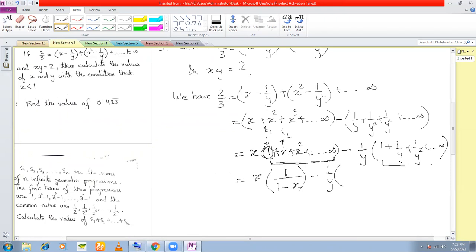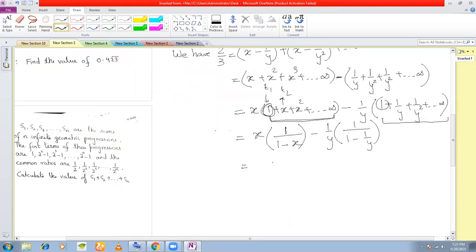Now this is also an infinite GP, right? With first term as 1. So a by 1 minus r, where the common ratio is t2 by t1, 1/y by 1, which gives you 1 minus 1/y, right? So now you simplify this.